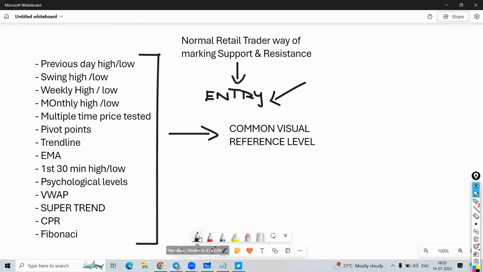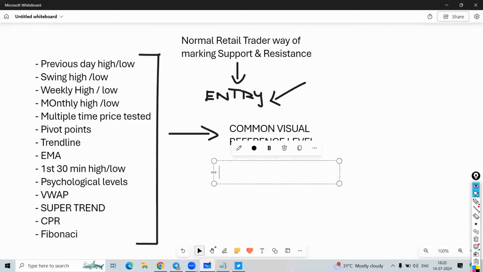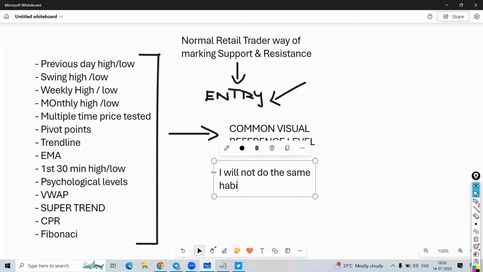Now, my work as a trader here, what I do, in simple words, I will not do the same habit of retail traders.